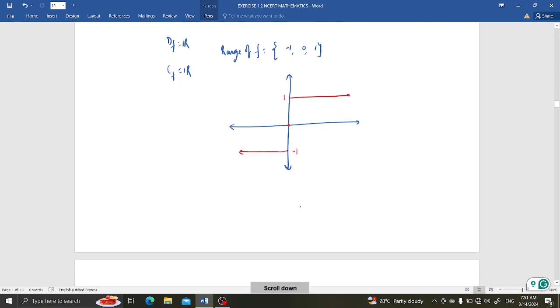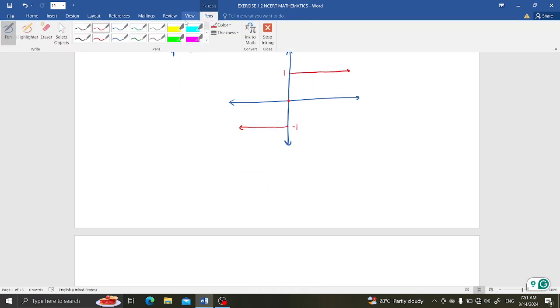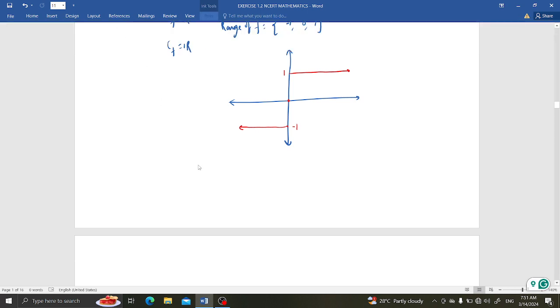So the same thing we can prove here. We need to prove neither one-one nor onto. For one-one, different elements here do not have different images. Again the definition is not fulfilled. Why so? Because we observe that f of x is 1 for all x greater than 0.